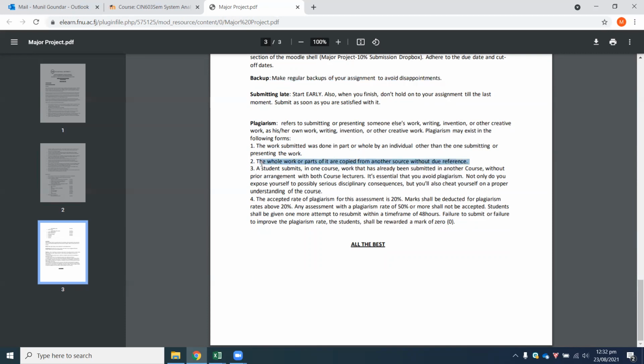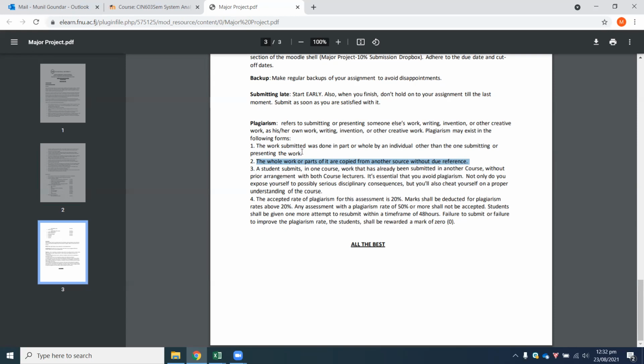Now, also please note this: when you are getting some materials from the web, you are not supposed to directly quote it even. You're supposed to reword it, but if the idea is not yours, it's somebody else's, you are supposed to give the reference for it.